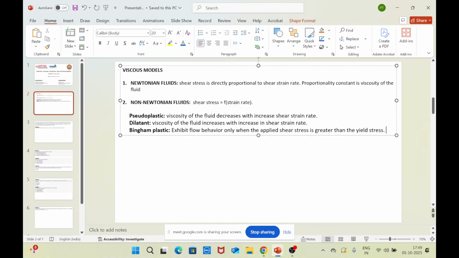I think dilatant will be quite easy, or rather Bingham plastic is something where the classic example is something that you encounter almost every day.